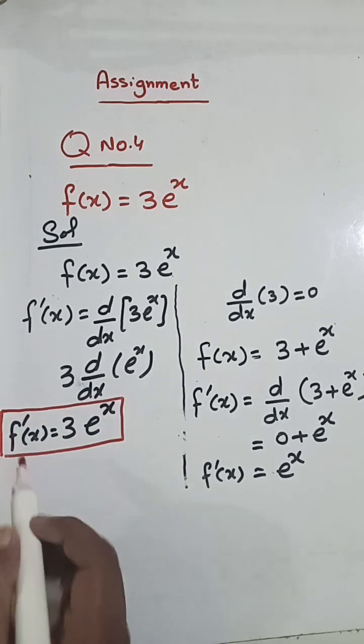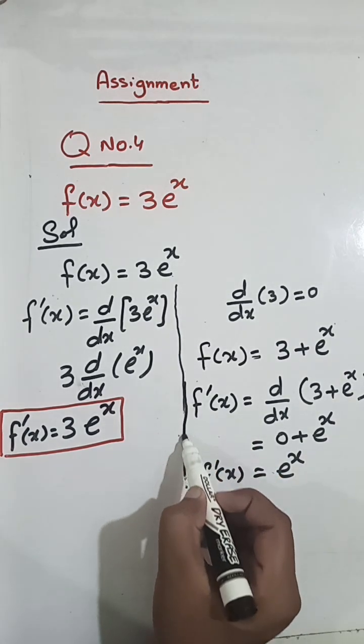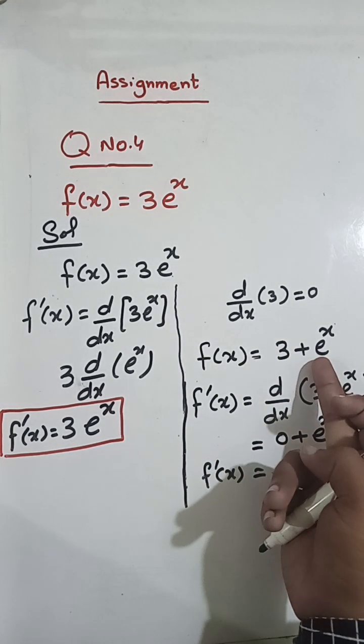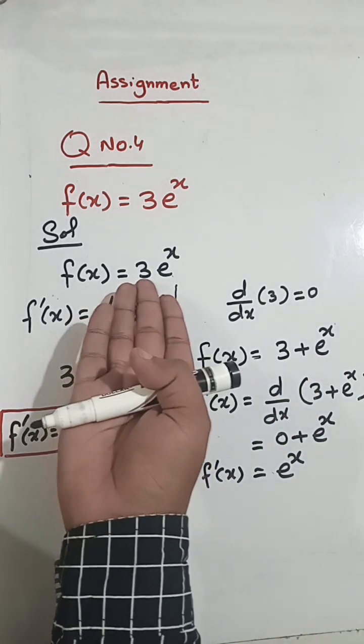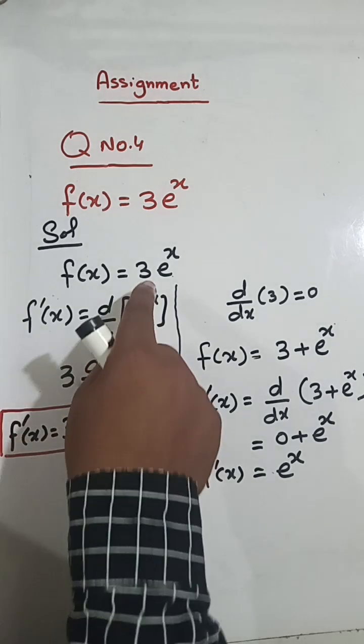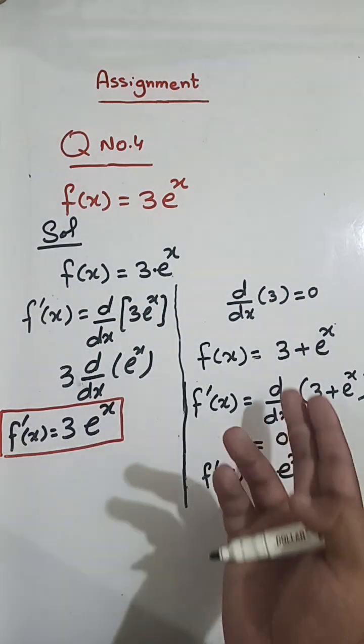Now you can notice the difference. We have the same question, my brother, 3 plus e raised to power x, and also 3 into e raised to power x. But the problem is that here we have multiplication and here we have addition.